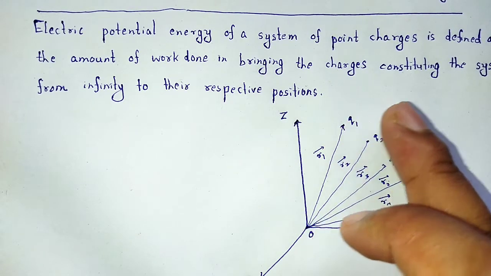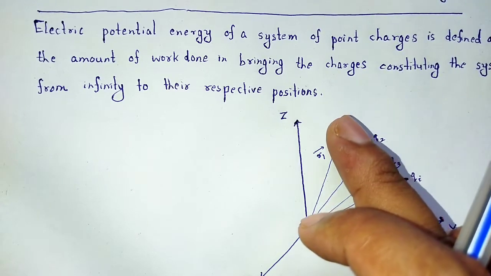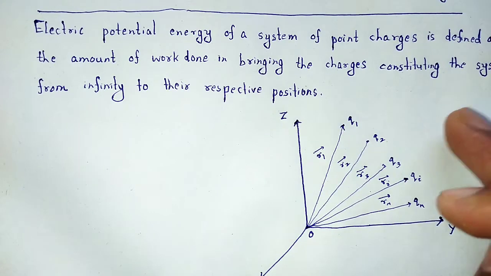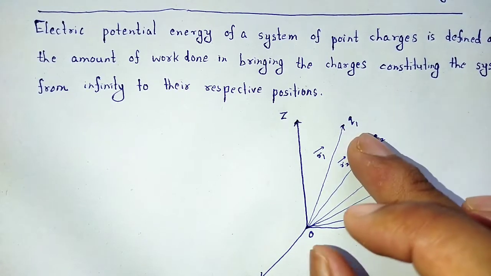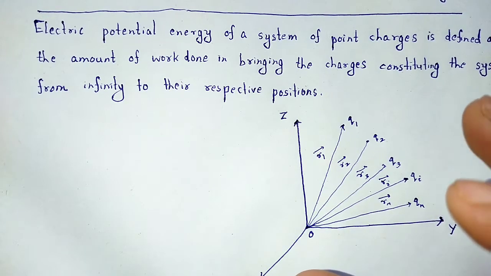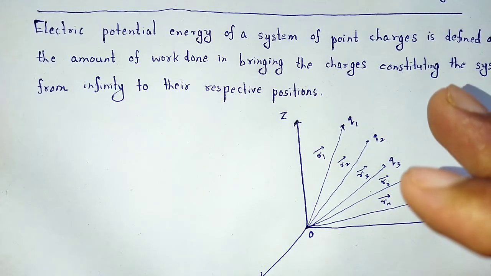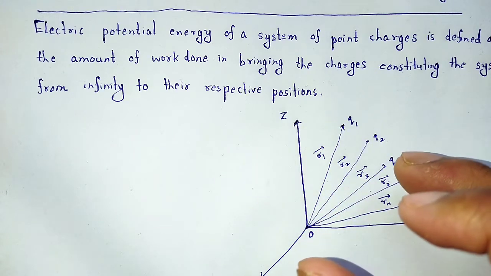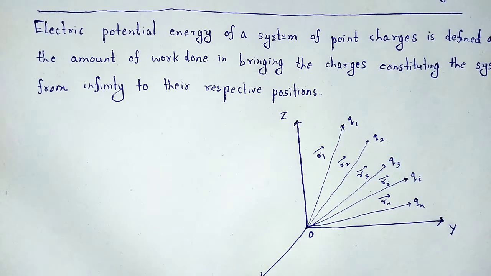I take the charge q1 from infinity to the point having position r1, and again the charge q2 from infinity to position r2. Then the work done is the electric potential energy of this system of charges.